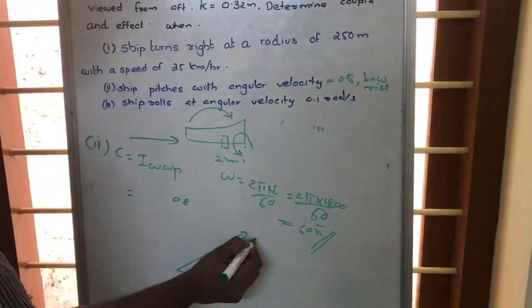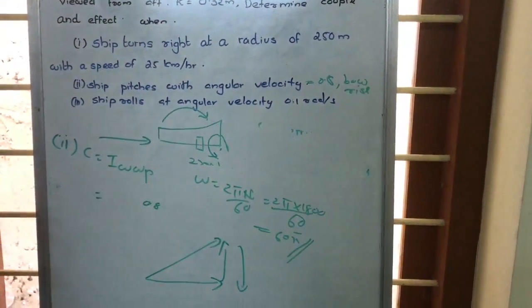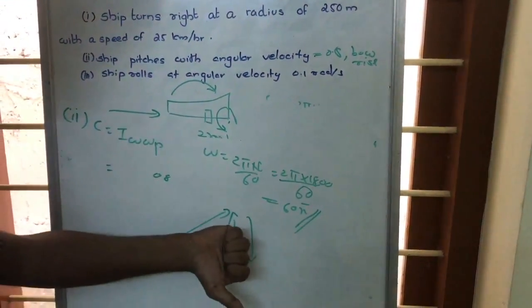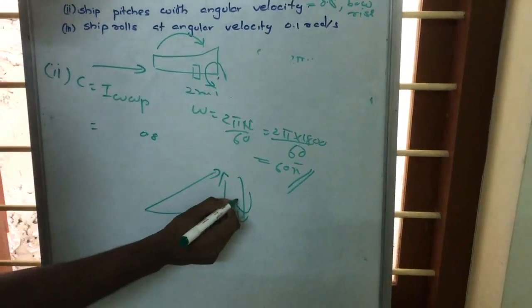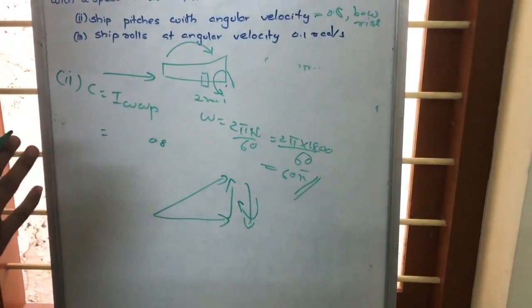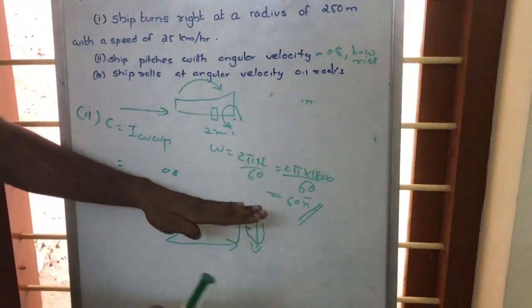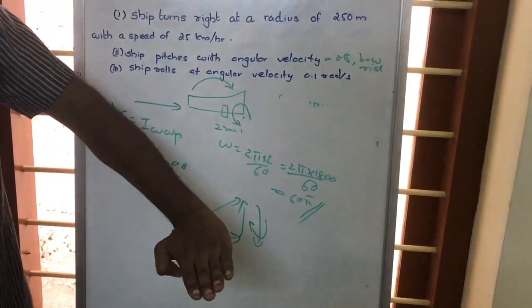Then this is the change in angular velocity. So its reaction will be like this. If we put our right hand, the reaction is acting in this direction. That means it is pushing the rear end to the left. So the reaction will be acting somewhat like this, and because of that our ship turns right.